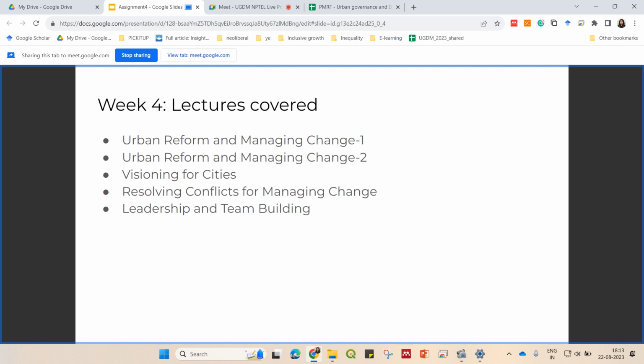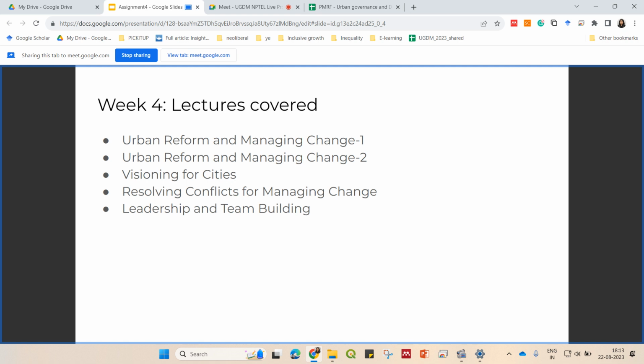You would have studied the concept of managing change, what are the various processes associated to this, what roles managers play in managing the change, how to best navigate the process of urban reform or organizational reforms or things like that.